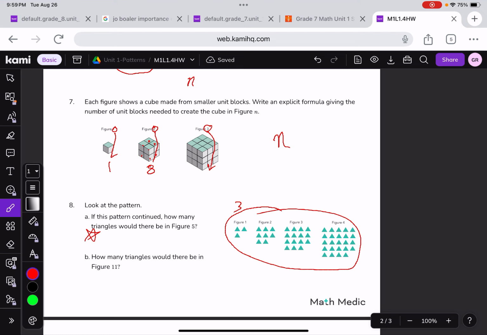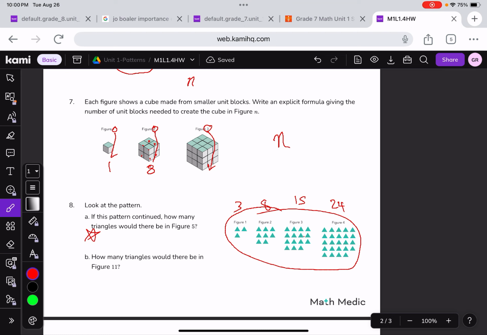It goes like from 3, that's an 8. 4, 8, 12. Plus 3 is 15. That's 5, 10, 15, 20, 24. Do you see a pattern there? What would the 11th figure be?